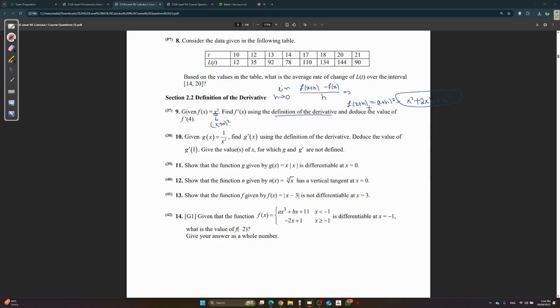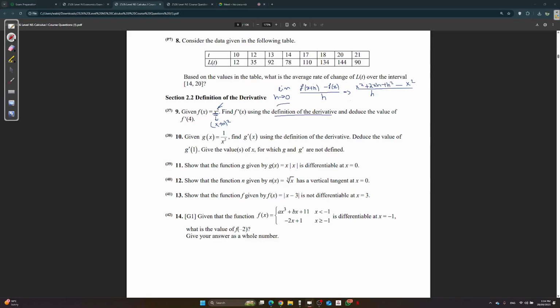So it's going to be f of x plus h, which is x squared plus 2xh plus h squared, minus f of x, which is just x squared, over h. What's very important is that if you write it like this, you're going to get the whole question wrong.